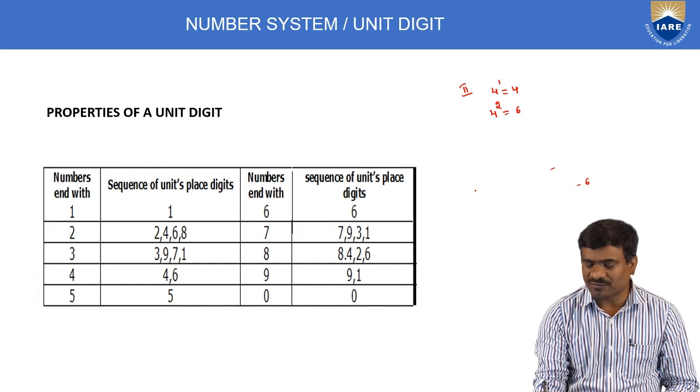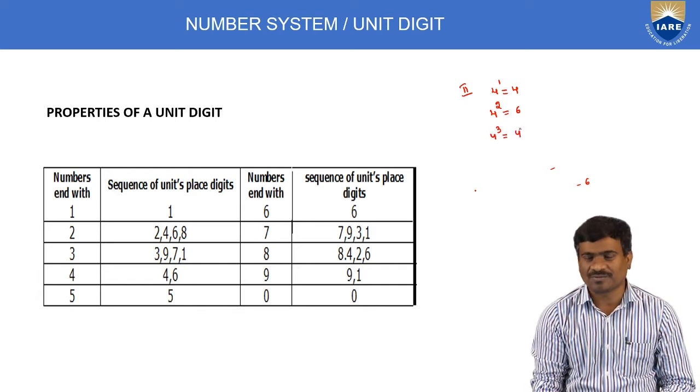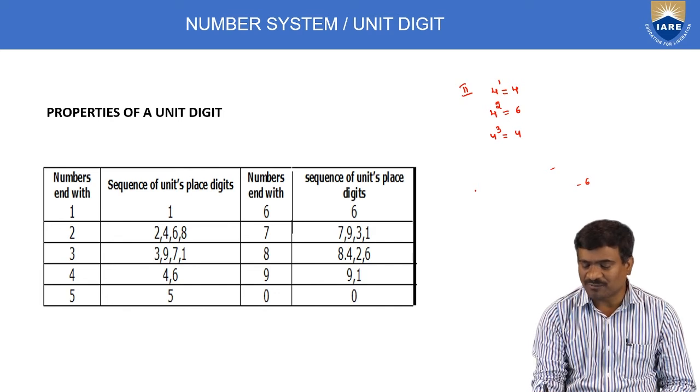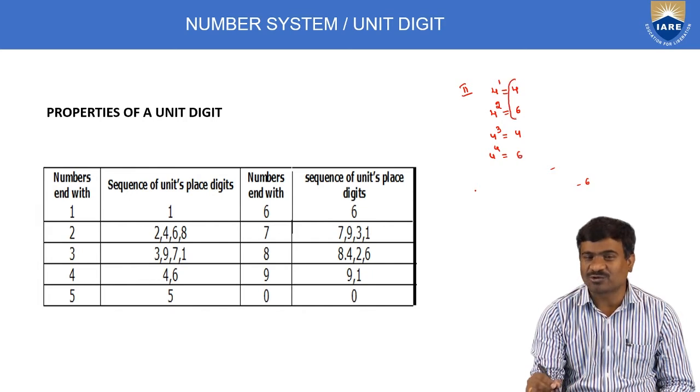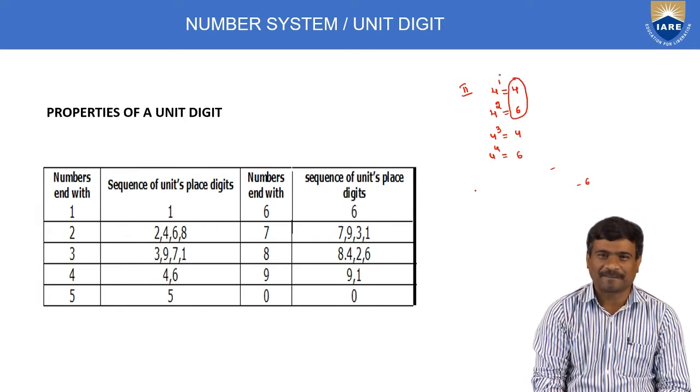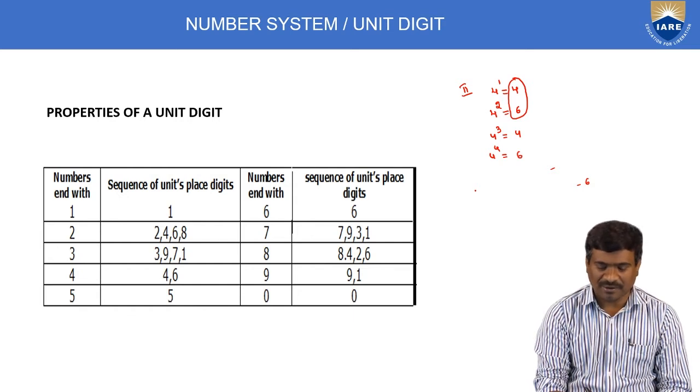Next, 4 cubed is 64, unit digit 4. And 4 to the power of 4 is 256, unit digit 6. The property of 4 is 4 and 6, 4 and 6, cyclically repeated.